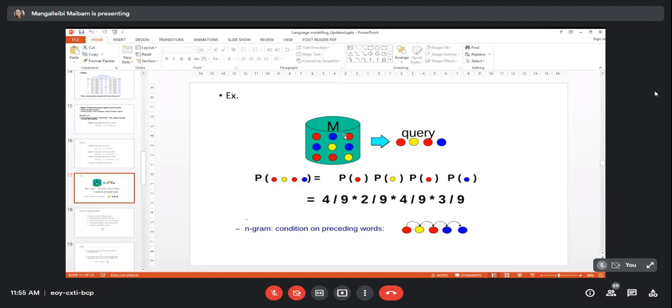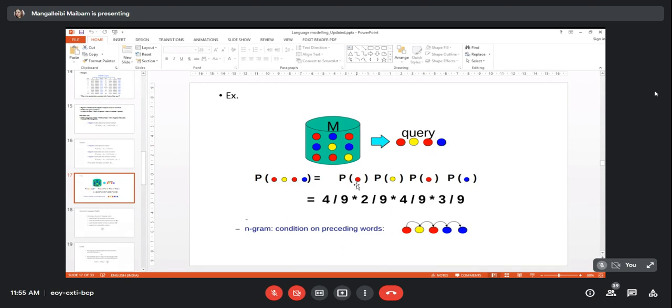See, in this collection we have red balls, blue balls, and yellow balls, in total 1, 2, 3, 4, 5, 6, 7, 8, 9. Our collection is 9. We have 9 balls. So if we consider each ball as a term, then we have 9 terms. N will be 9. Our query says to find the probability for red, yellow, red, and blue ball.